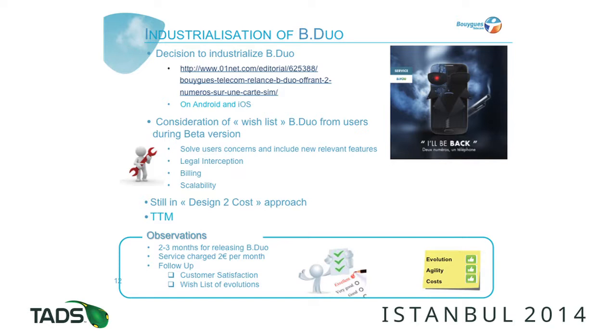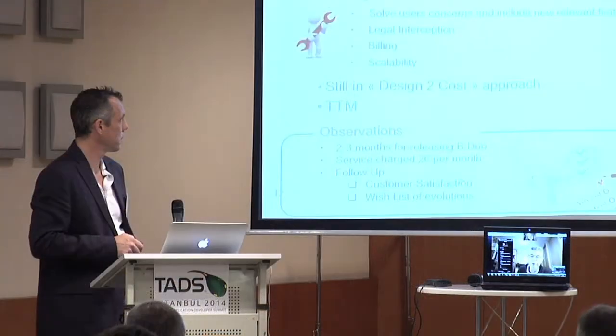And then after that, we discussed again with all the people, and we established a clearer legal interception framework, because I guess some of our competitors in France have been complaining about the service, so we got tricky requirements from the government, but we will try to fulfill them. That's a fair use of competition between operators.